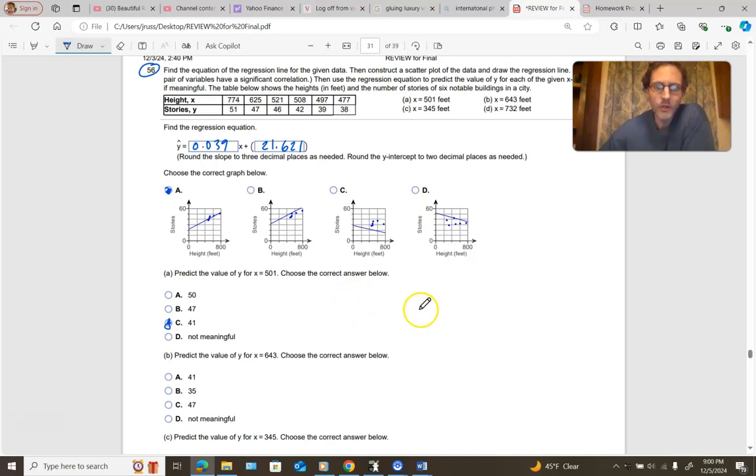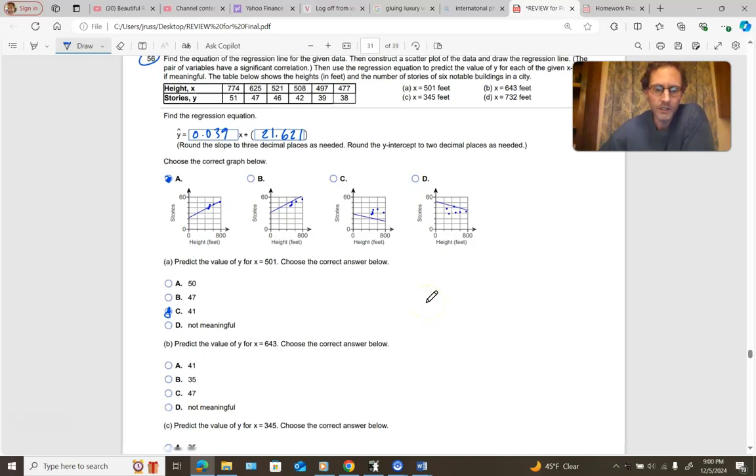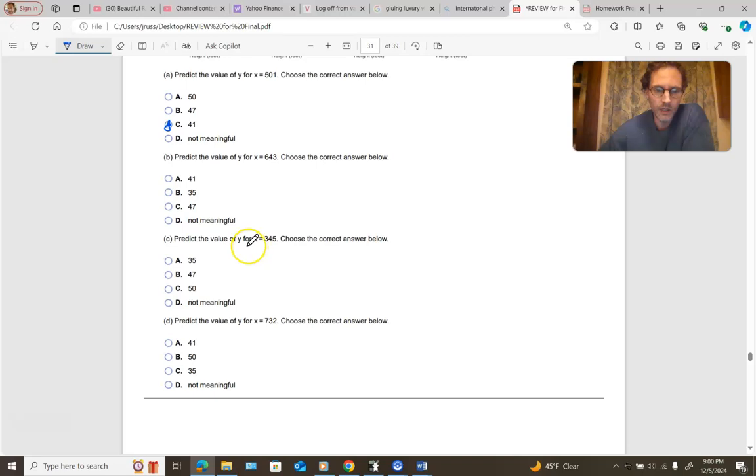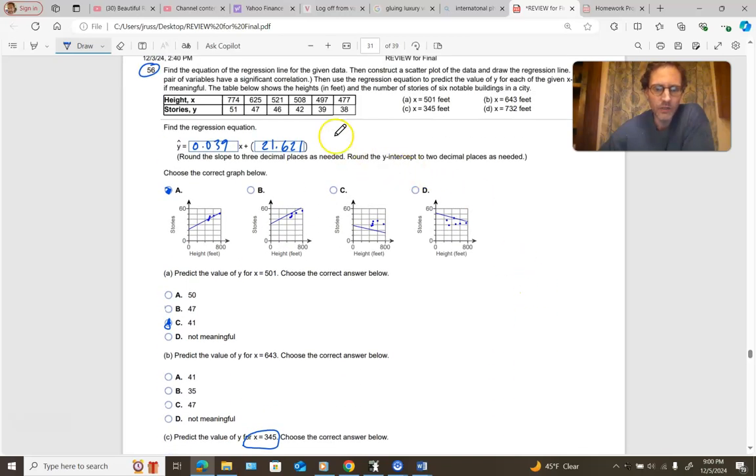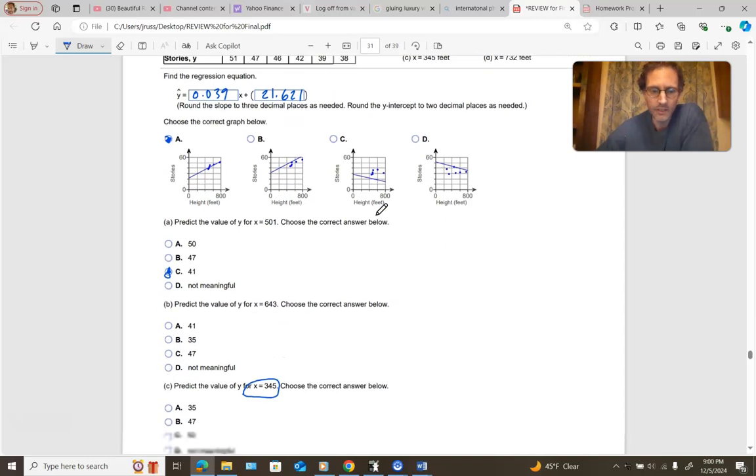Now, the only one you're going to want to be careful with is maybe this one right here, because this value of x is not really within this data set. This data starts at the latter 400s and goes through the 700s. So really, any values of x outside of that range may not yield accurate predictions.